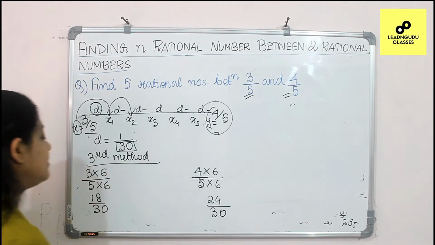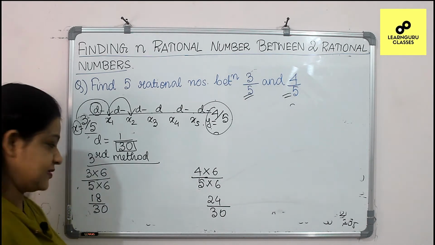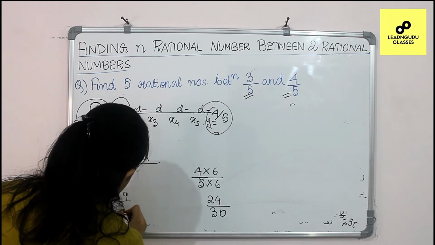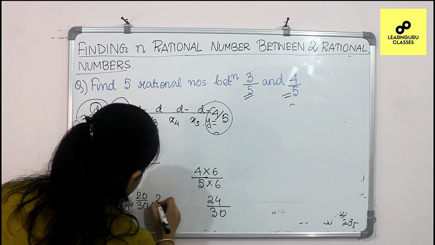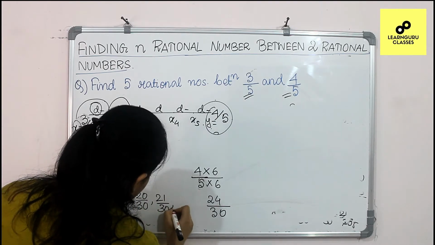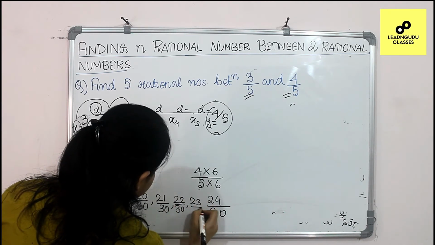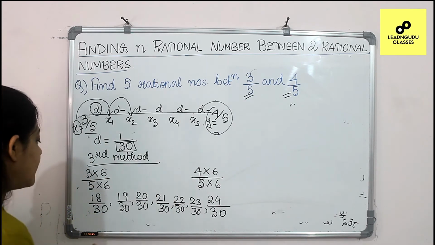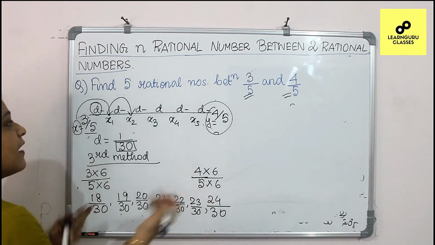So in between that, let us see how many numbers we can write. So 18 by 30, 19 by 30, 20 by 30, 21 by 30, 22 by 30, 23 by 30, and afterwards it has become 24 by 30. So how many numbers are there? 1, 2, 3, 4, 5. So 5 rational numbers.